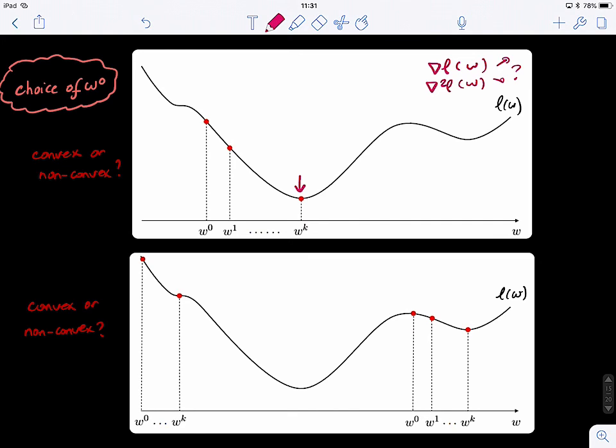How are you moving from one point, let's say W0, to the next one? How do you know how you're moving? I start randomly. Randomly is good, but imagine that your function has many local minima.